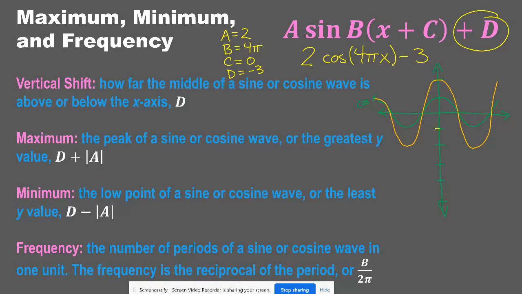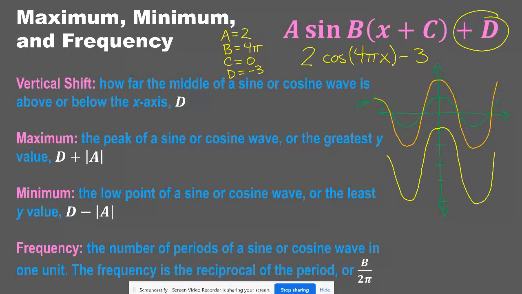So my graph will shift down here, and it will look something like this. And this is a very rough sketch, so please be generous with me there. But that's how you can find the maximum and the minimum points. You have to think, what is the amplitude doing to stretch it vertically, and then how am I shifting it up and down?